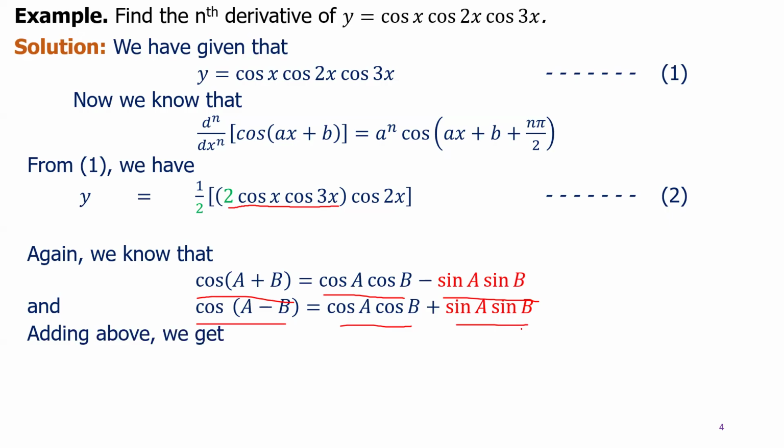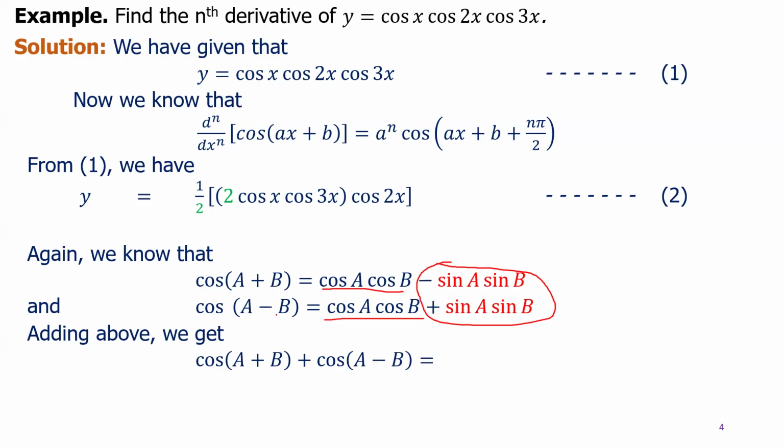If we add them, the sin terms cancel, since this is minus and this is plus. And this is cos A cos B plus cos A cos B, so 1 plus 1, 2 cos A cos B, which is equal to cos(A + B) plus cos(A - B).